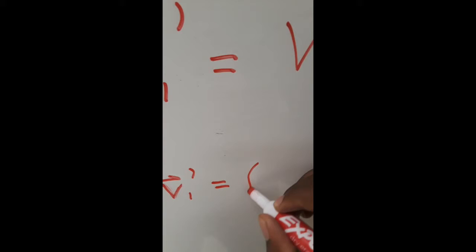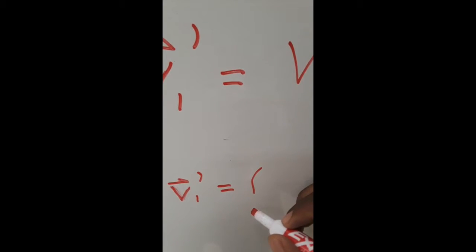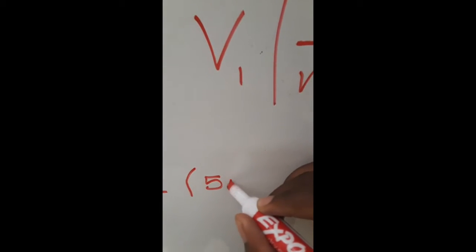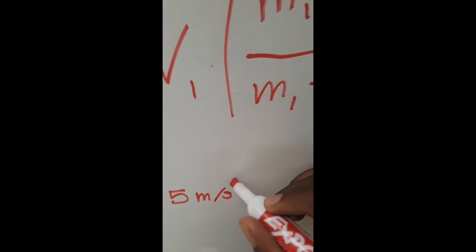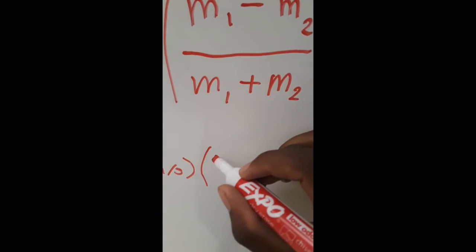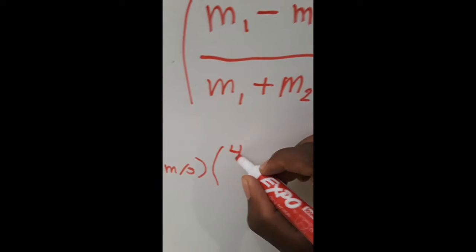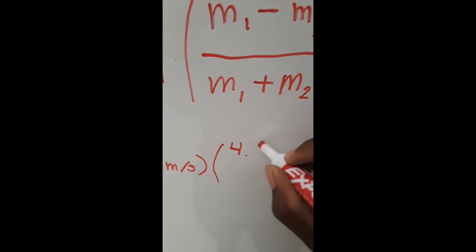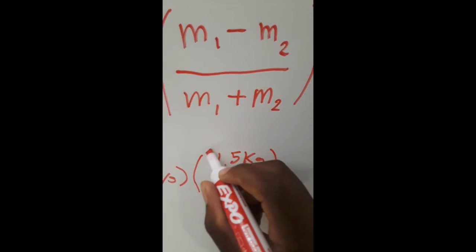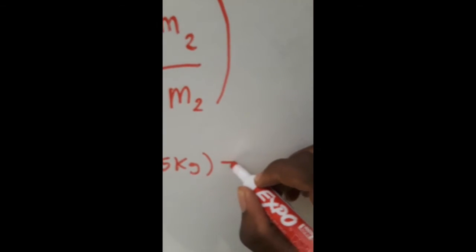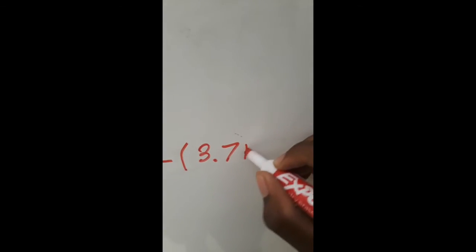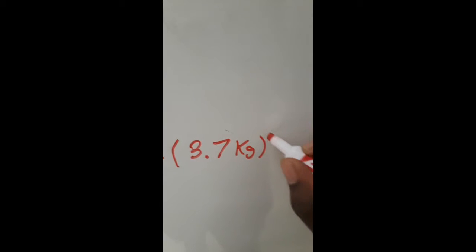We are plugging our numbers in. So the initial velocity of the first object is 5 meters per second. Multiply that by the first mass, minus the second mass, 3.7 kilograms.